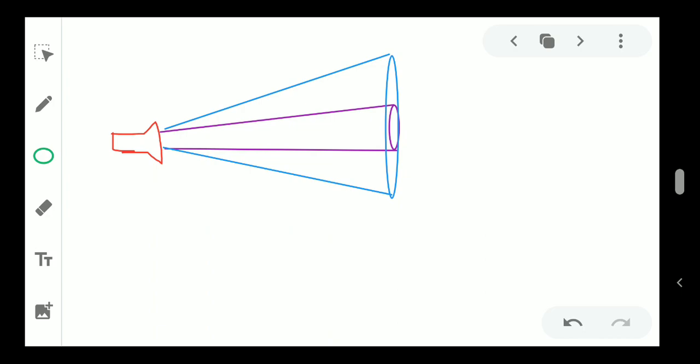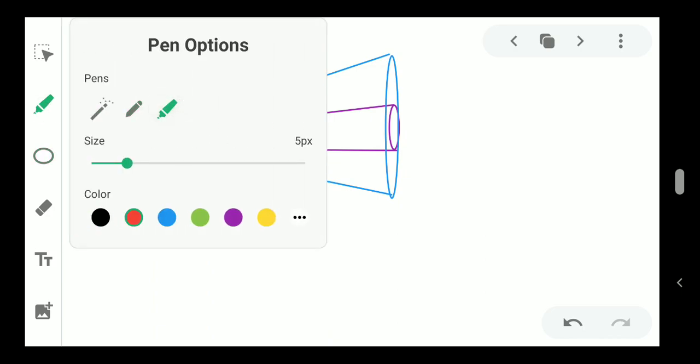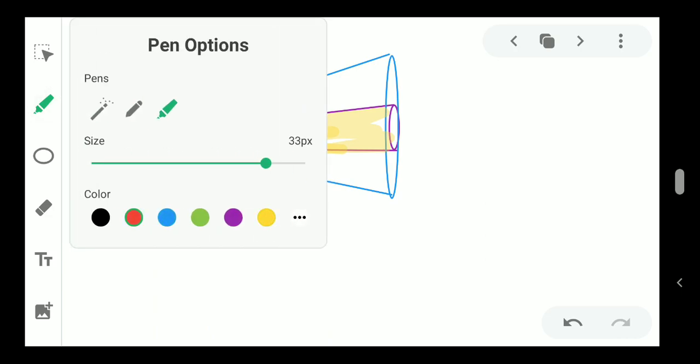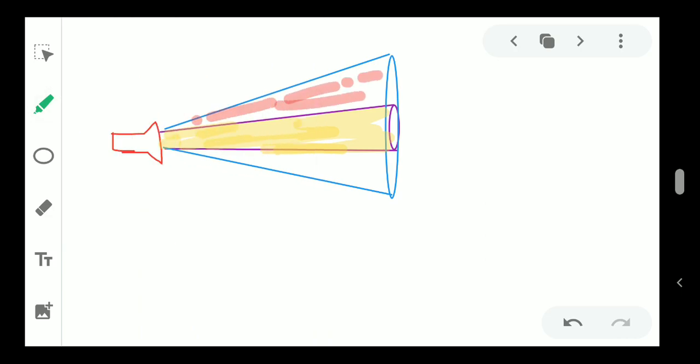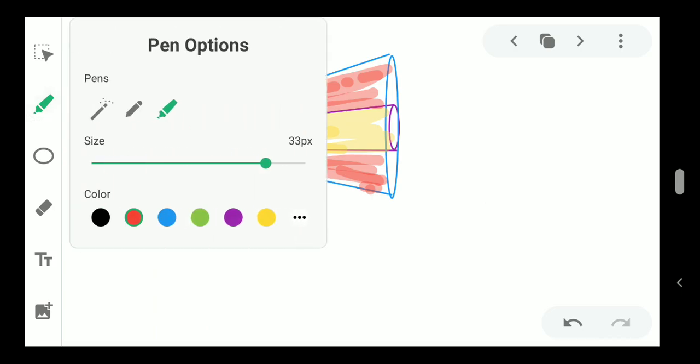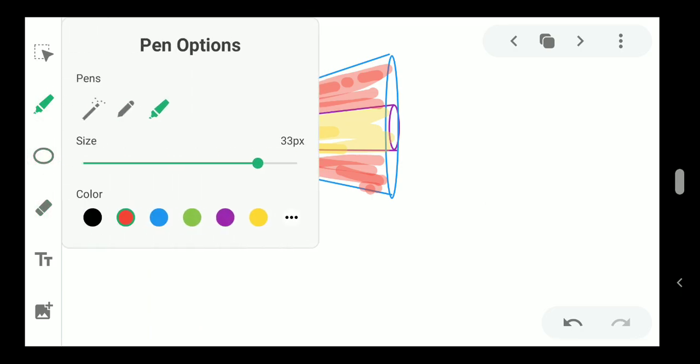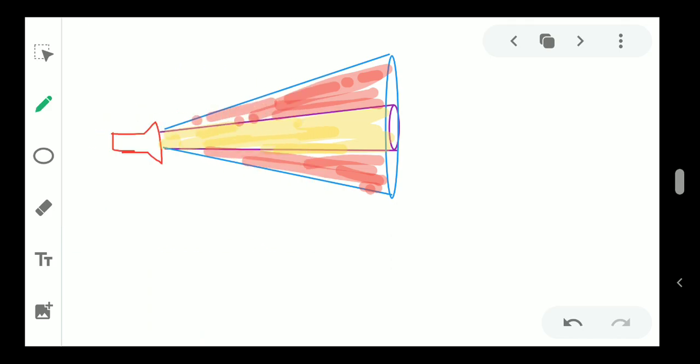Now see, if you look at both cases, the first beam and the second, bigger beam, they both look like conics, right? I'm just drawing it roughly so that it doesn't take time.